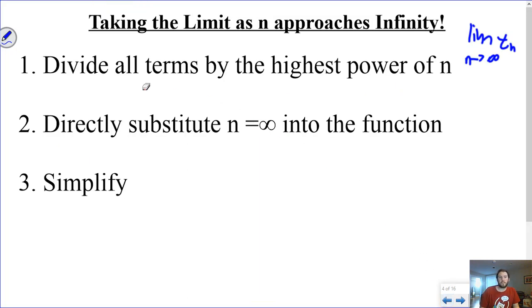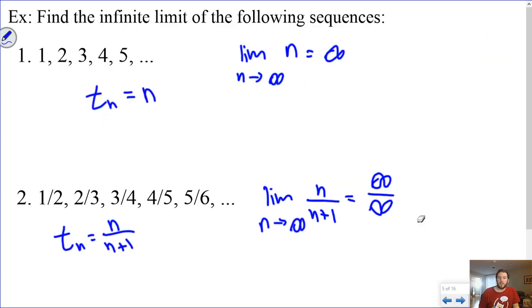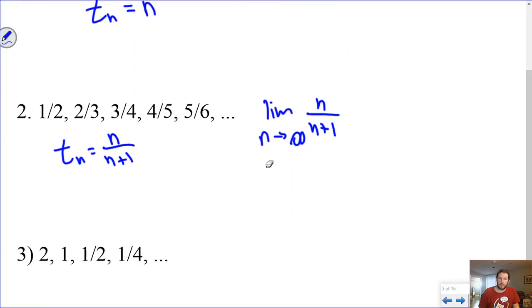Now, let's think back for a second. There's other ways of dealing with this question. There's step 3 here, where we could try to simplify, and there's this one where we divide all terms by the highest power of n. So let's see what happens if I do that. I take everything in my equation and divide it all by the highest power of n.